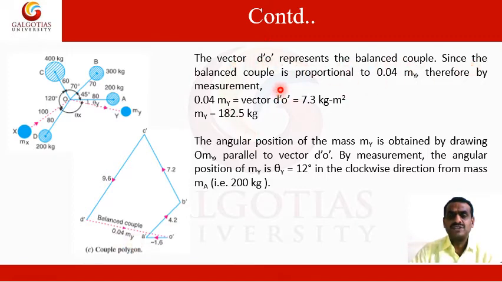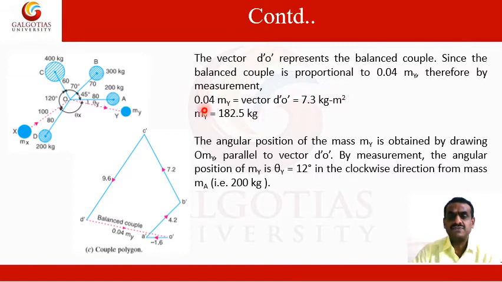Since the balancing couple is proportional to 0.04 my, by measurement 0.04 my equals vector d dash o dash. We just measure this vector distance, o dash and d dash, convert it as per the scale and enter it here. We get the value as 7.3 kg meter square.